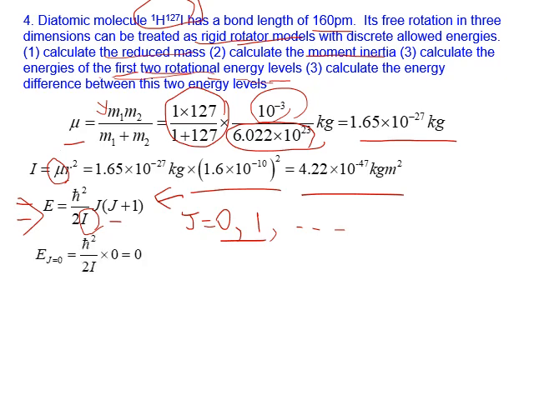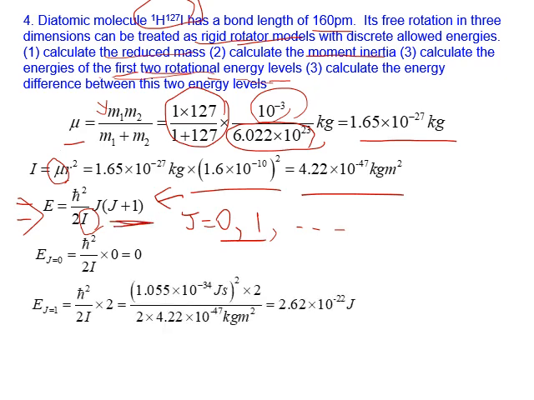When J equals 1, 1 plus 1 is 2, 2 times 1 is 2, so that gives you this times 2. Plugging everything in, here is the energy. What's the separation between these two? So use this one minus the energy for J equals 0.